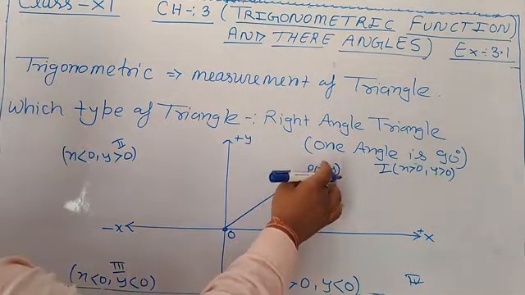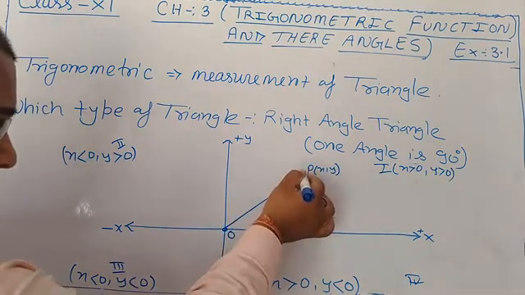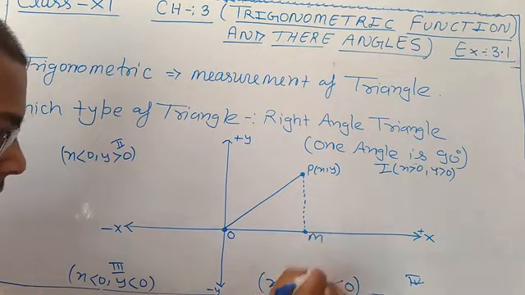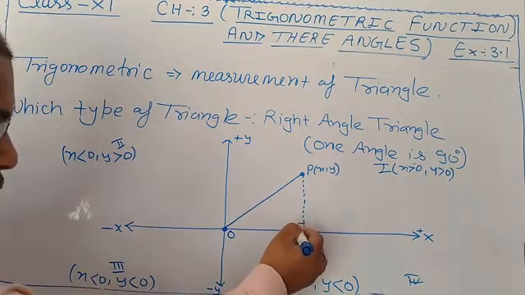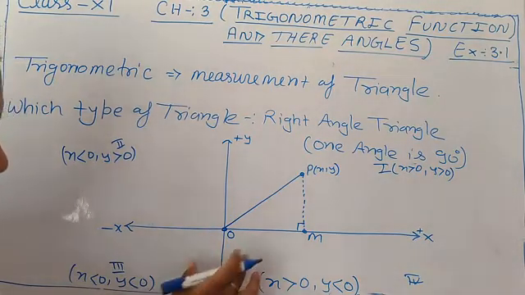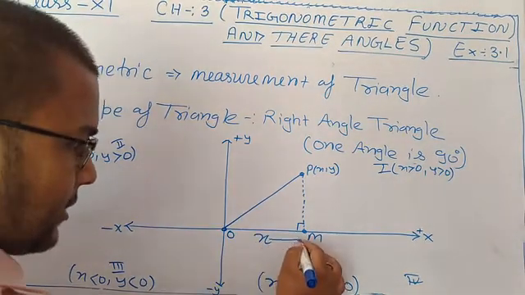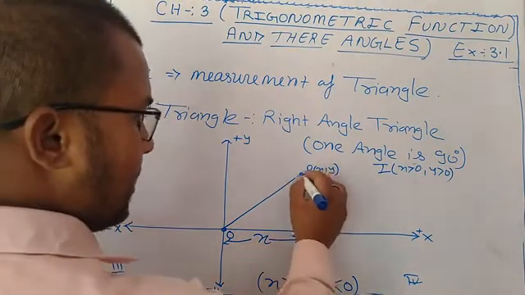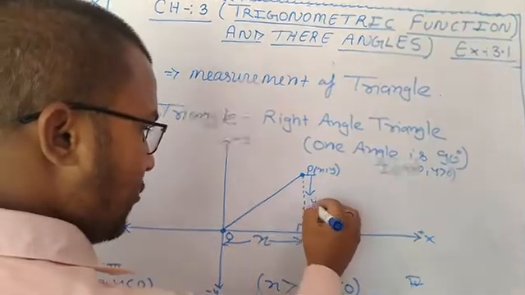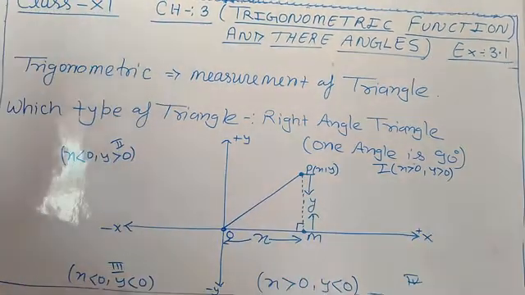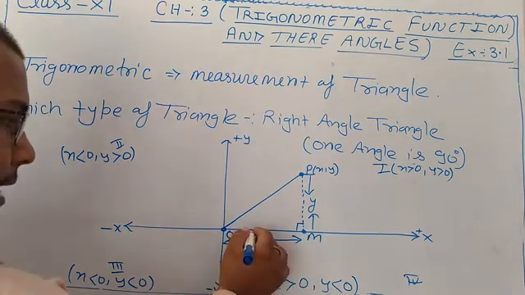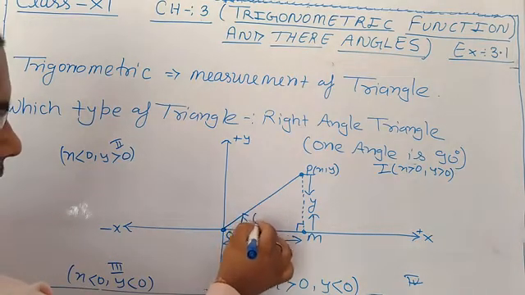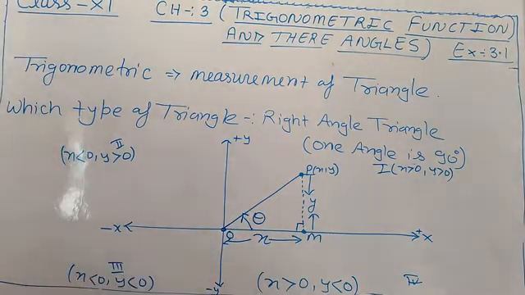Suppose P is a point lying on the first quadrant. From the point P, draw a perpendicular to the x-axis. Suppose this point is M. PM is perpendicular to the x-axis. The distance OM is x, the abscissa, and the distance PM is equal to y. The angle between OP and the x-axis, measured anti-clockwise, is theta. This is very important.